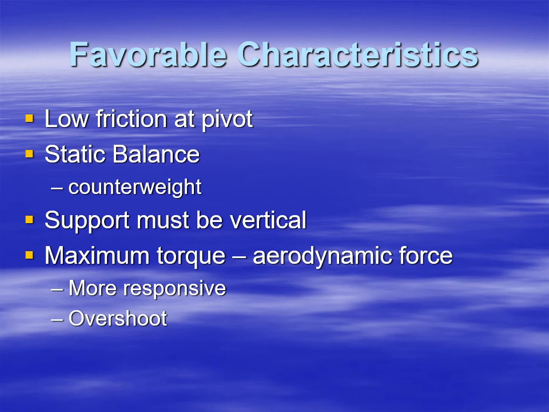In other words, if the wind vane is at a slight angle, then the weights are going to sling and bias the wind vane to be pointing in one direction. And then finally, we want good aerodynamic force, which results in an aerodynamic torque, because then we have a very responsive wind vane. And of course, that tends to overshoot, but because we have damping, eventually it will dampen and show the true value after a little bit of overshoot.